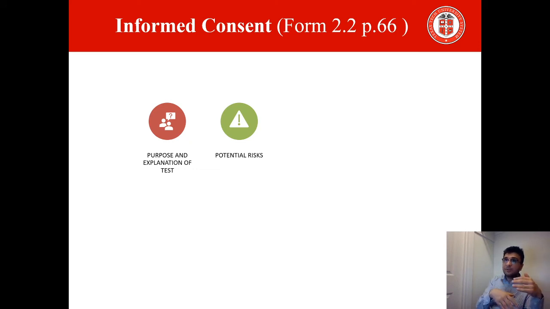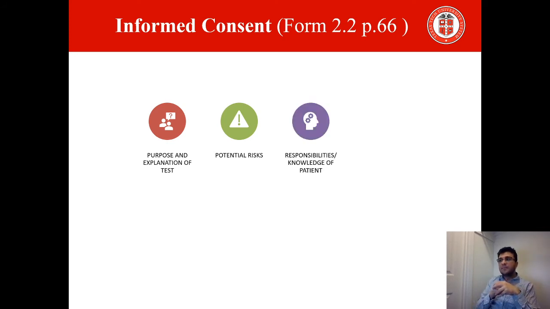The risk might be small in number, but you have to highlight them and make sure that the person understands them. Then you have to tell him about the responsibilities and knowledge of the patient about what tests you are doing and what are his duties once he gives you a consent to enter into the exercise program.